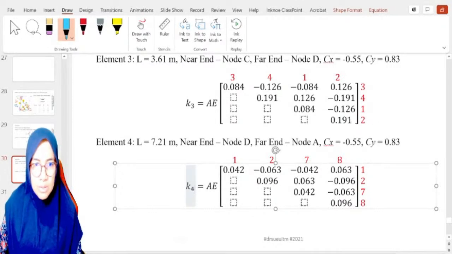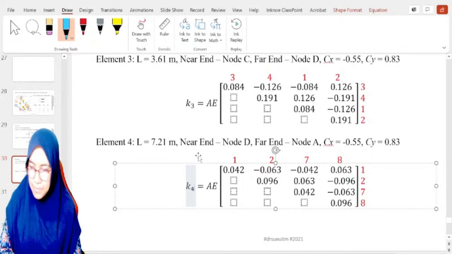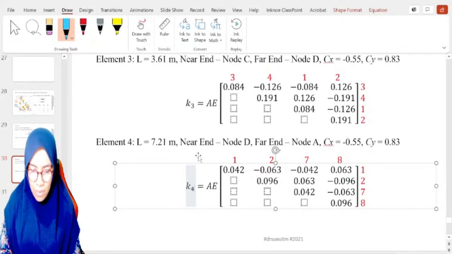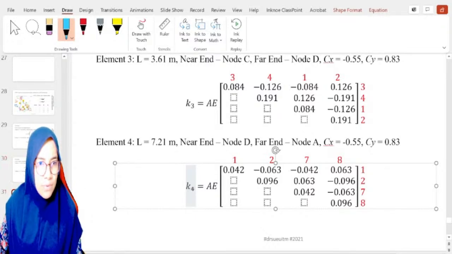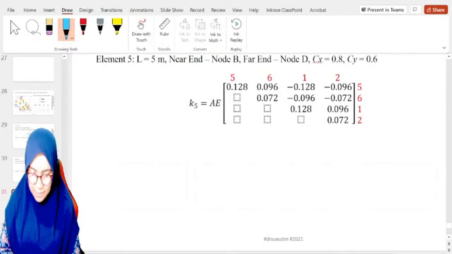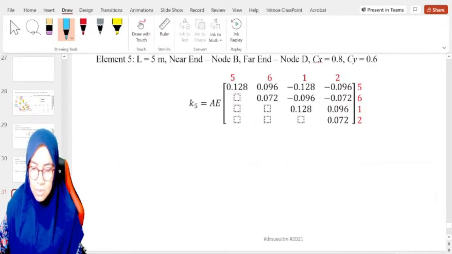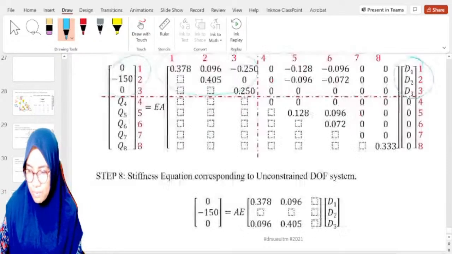Okay, 1 1 is 0.084, and we have another 1 1 in K4, and it is 0.042. Let's check. Do we have 1 1 for element number 5? Yes, we have 0.128. So at position 1 1, the value is 0.254.